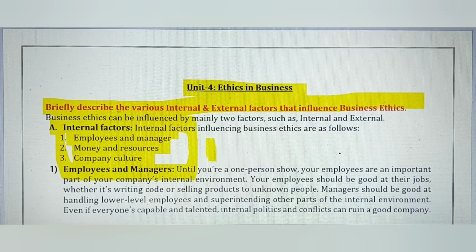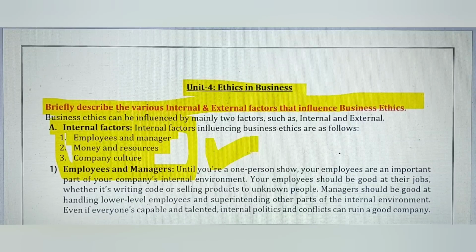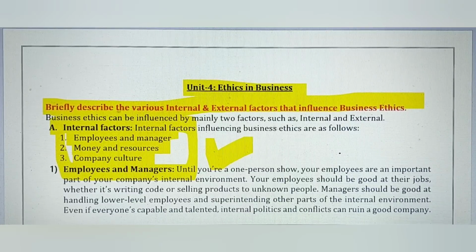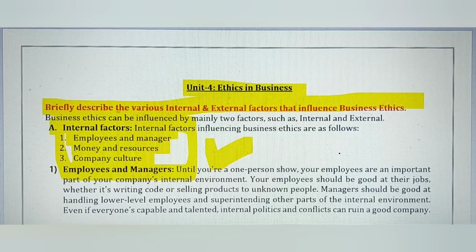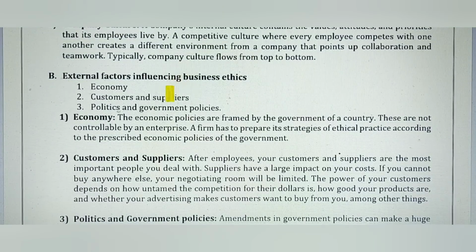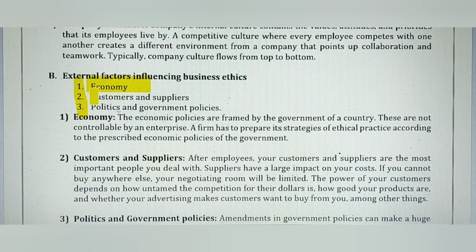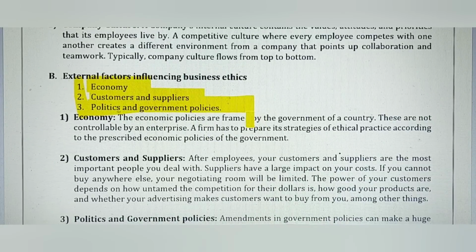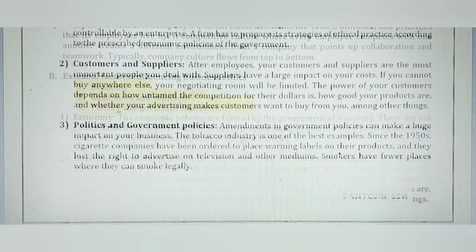You need to explain all these points, how these factors affect business ethics. And among the external factors, we again have three types: the economic condition of the country, the customers and suppliers available to the firm, and the government policies. So it is a simple question, not a very tough one.